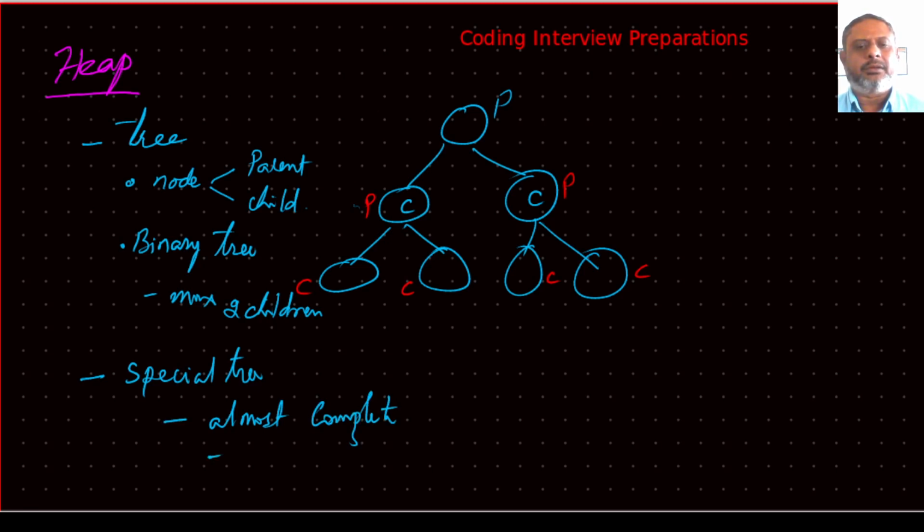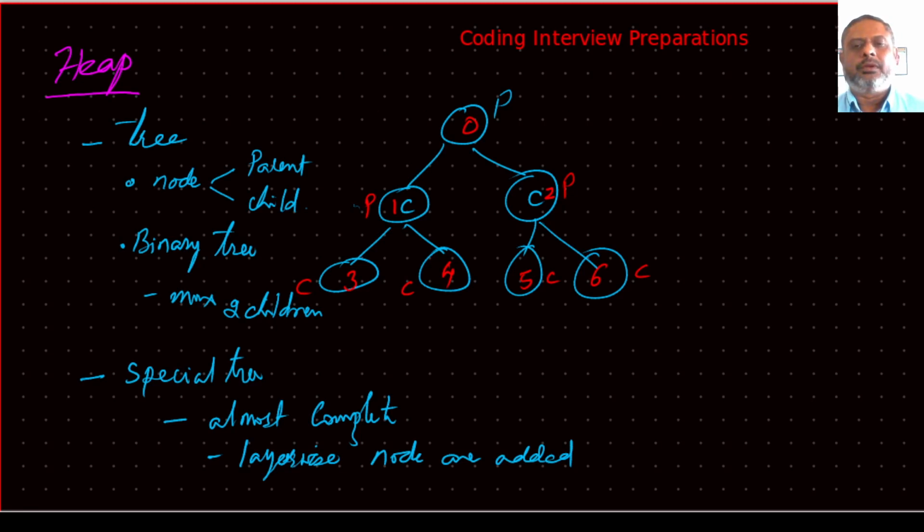That means layer wise the nodes are added. So if you just want to give a number, then this can be 0, this is 1, this is 2, this is 3, this is 4, this is 5, this is 6. That's one thing.